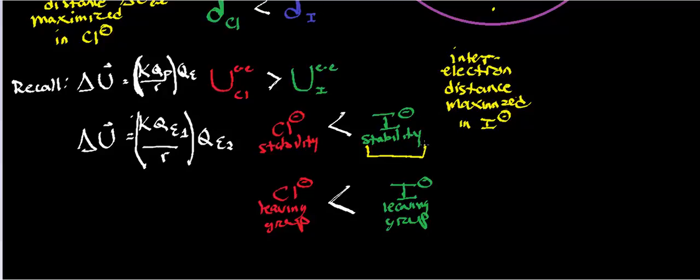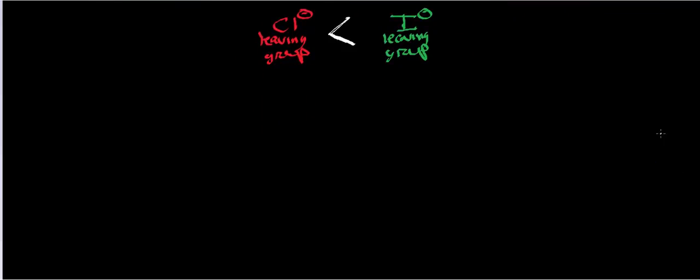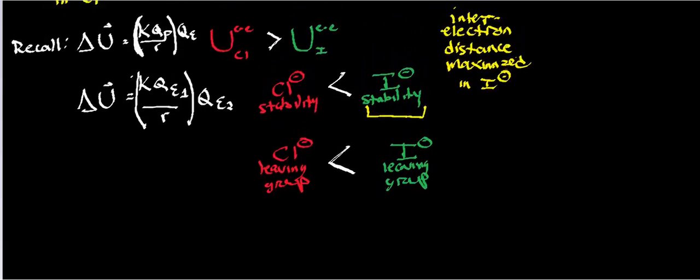Why is that important? Well, when you start doing reactions in a couple chapters, you're going to have something referred to as a leaving group. The way to think of a leaving group is sort of like this.